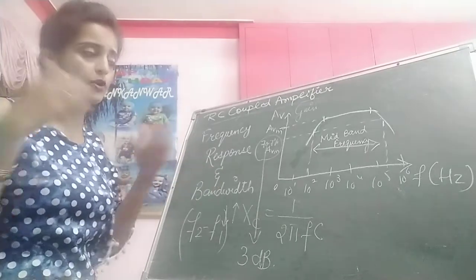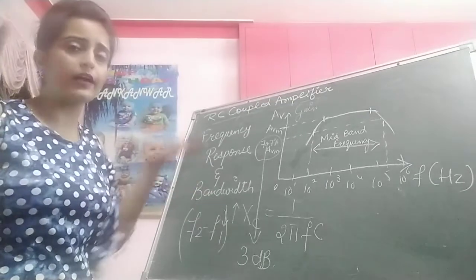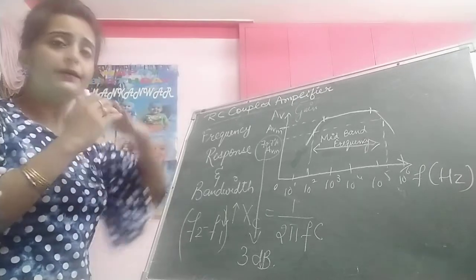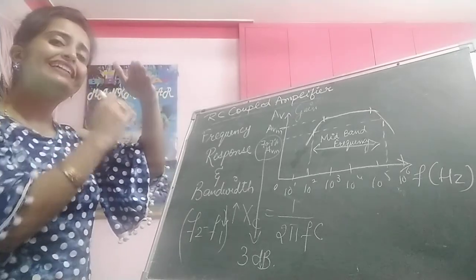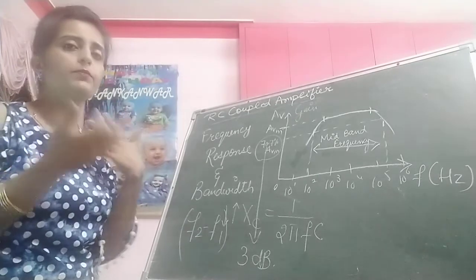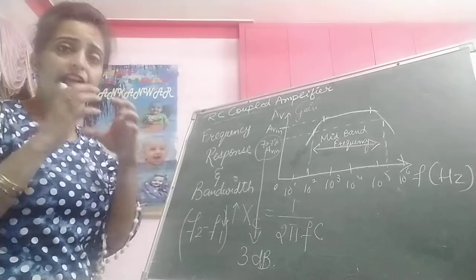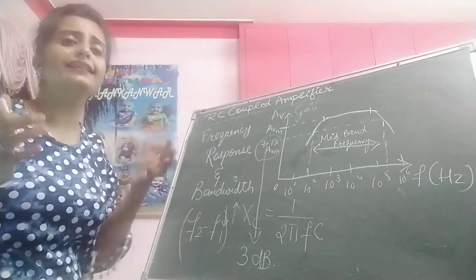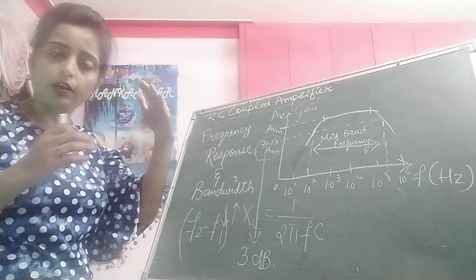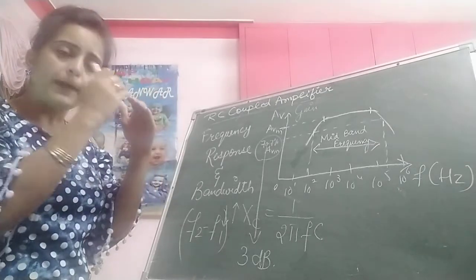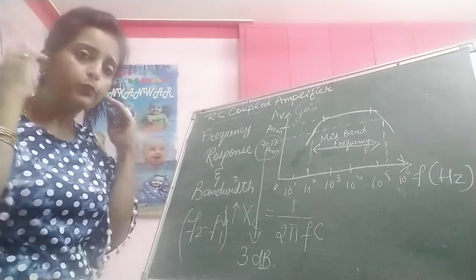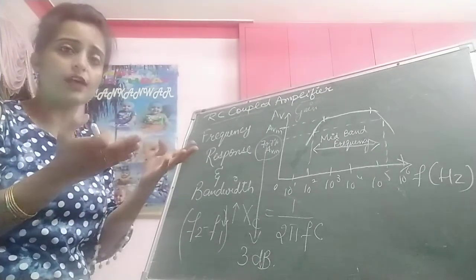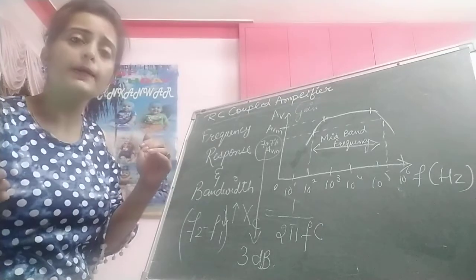Whenever we listen to music, sound or voice at the maximum level or at the 3 dB down level, that is 70.7% of the maximum, our ears respond to it in a similar manner.